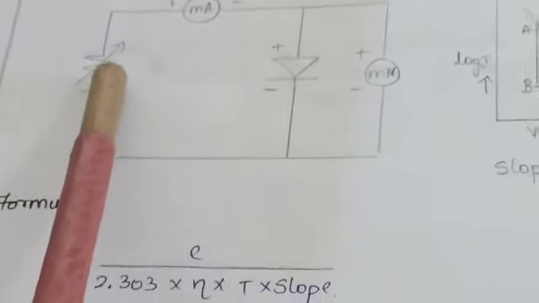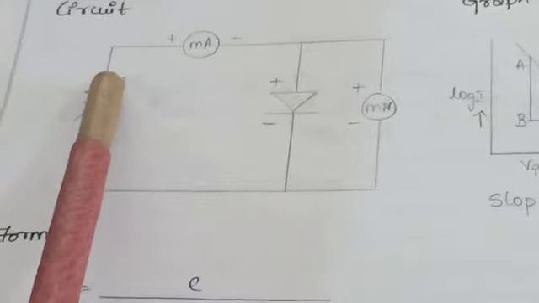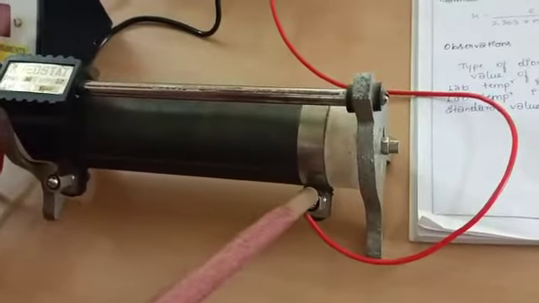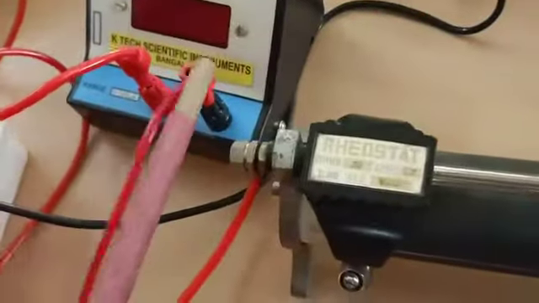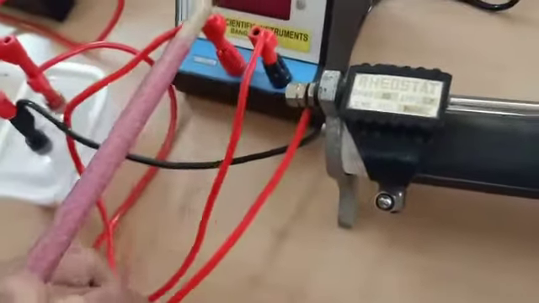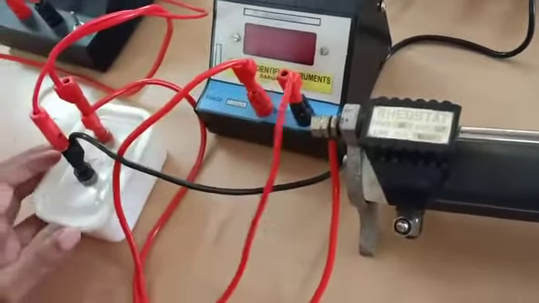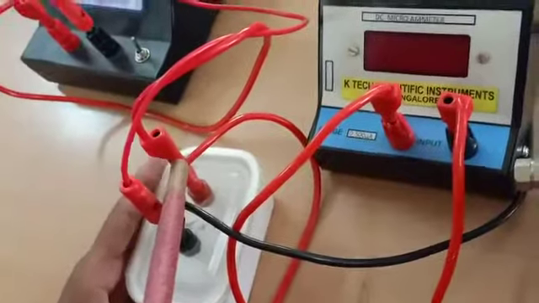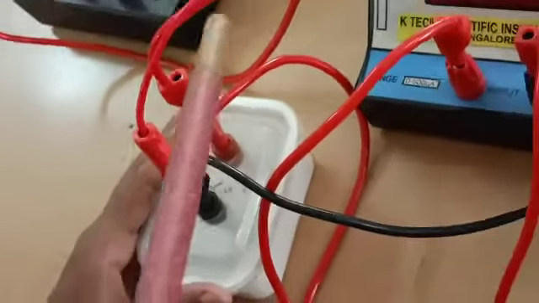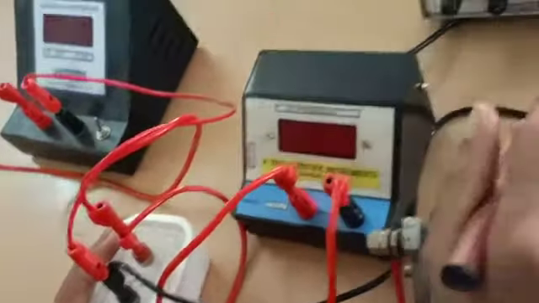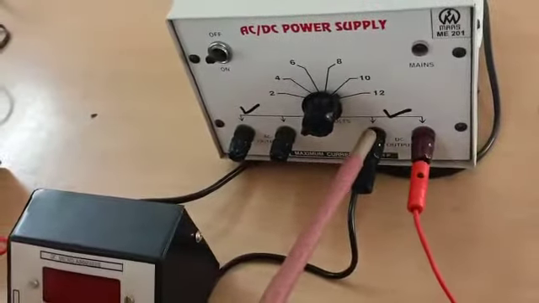Positive terminal of the battery will be connected to the rheostat, and the rheostat upper end will be connected to the positive terminal of the ammeter, and the negative terminal of the ammeter will be connected to the positive terminal of the PN junction diode, that means the silicon diode, and the negative terminal of the diode will be connected to the negative terminal of the AC DC power supply.